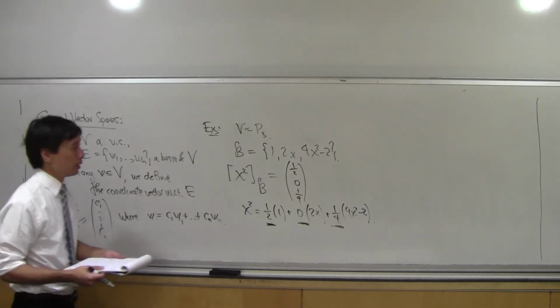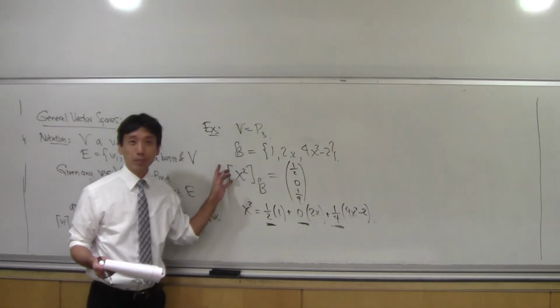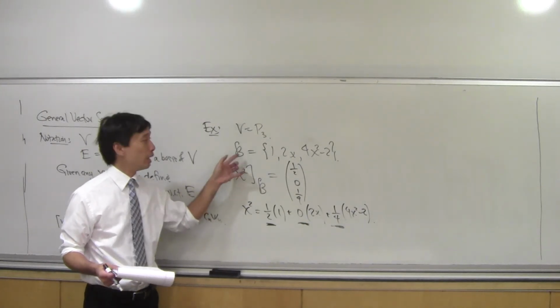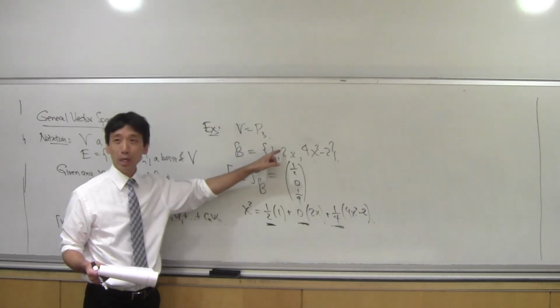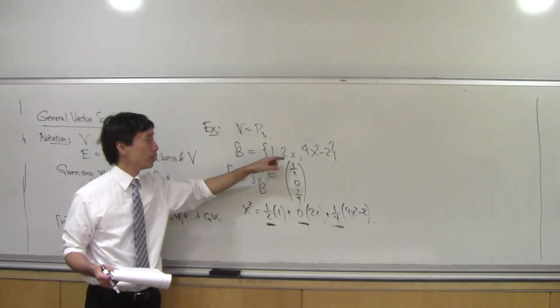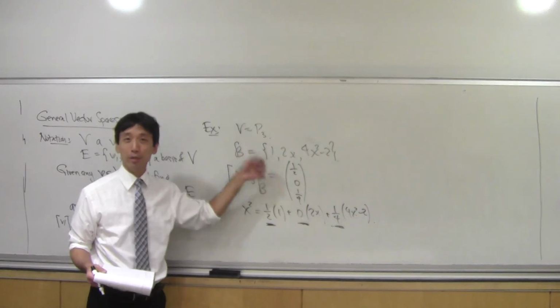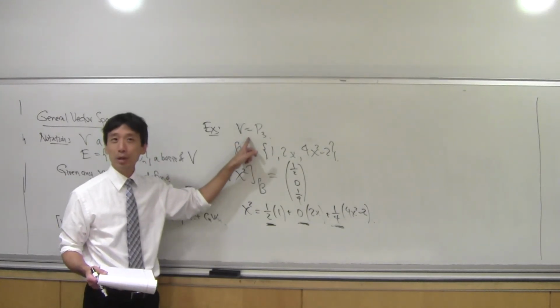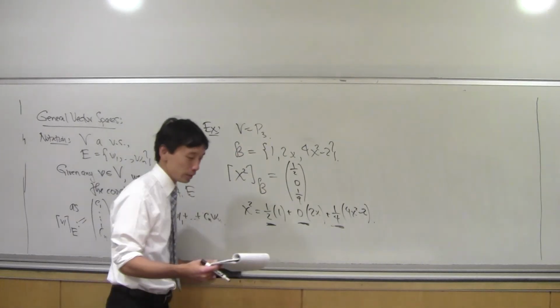Okay, so what we want to do next is, how do you go from the coordinate vector with respect to one basis to the coordinate vector with respect to another basis if you're dealing with an abstract vector space? It turns out to be a little bit tricky.